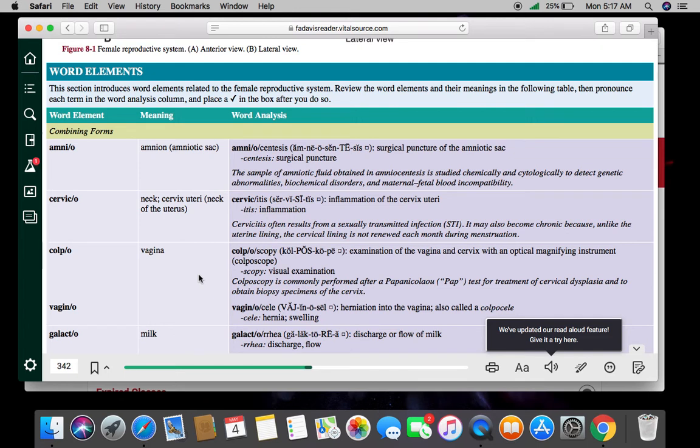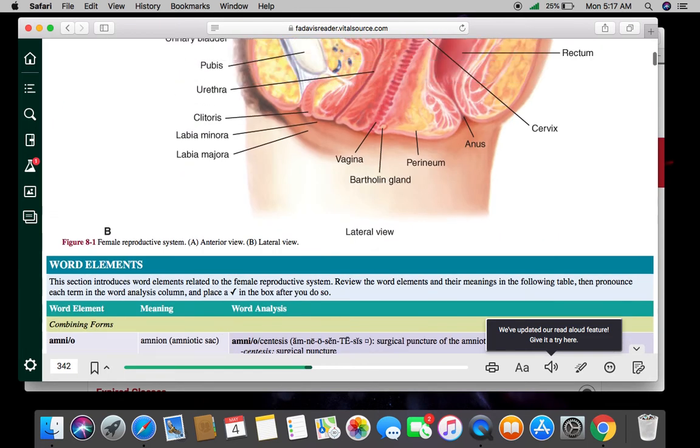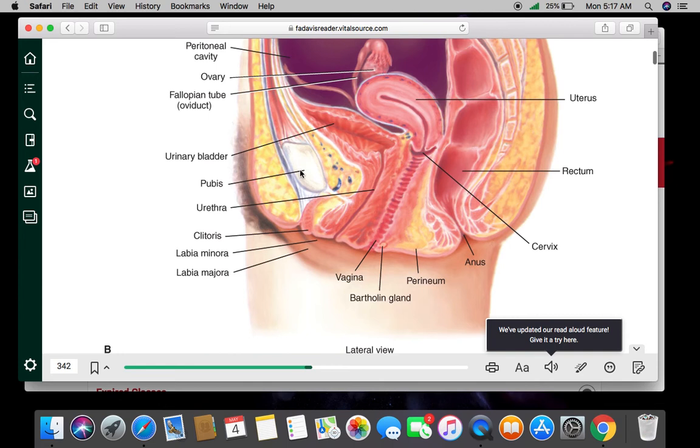Now, the vagina is not the hole or the orifice. The vagina is also referred to as the vaginal canal. It's a muscular tube which, when mommy's pregnant and having delivery, that's where baby passes through.